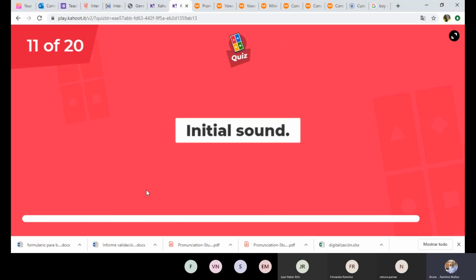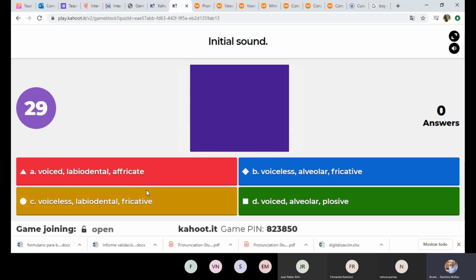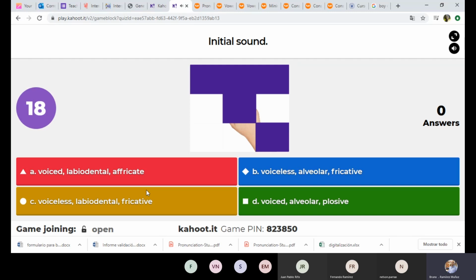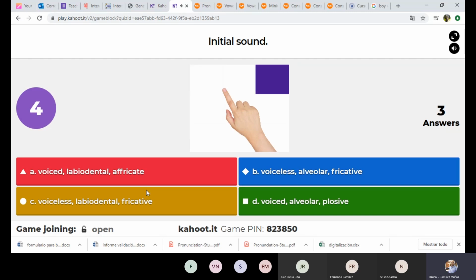Pay attention. Give me the color. Green.